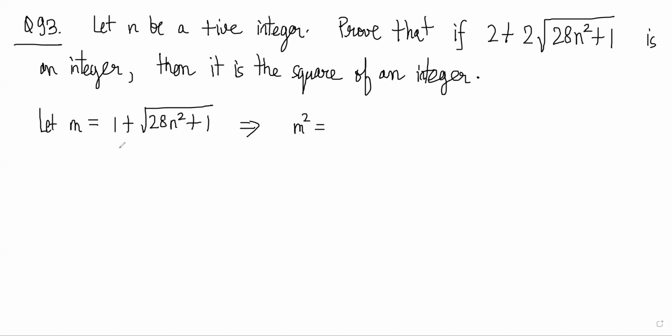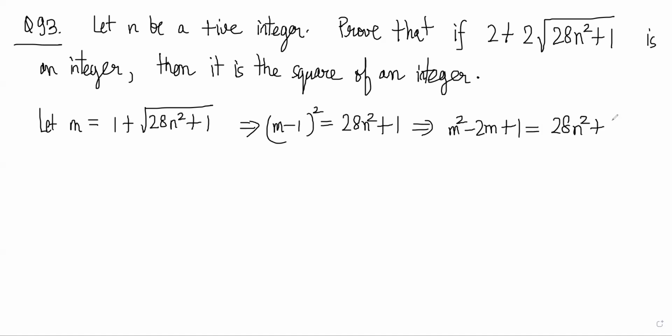I will take m minus 1 on this side and then square it. m minus 1 whole square is equal to 28n square plus 1, which means m square minus 2m plus 1 is equal to 28n square plus 1, which means m square minus 2m is equal to 28n square, right.